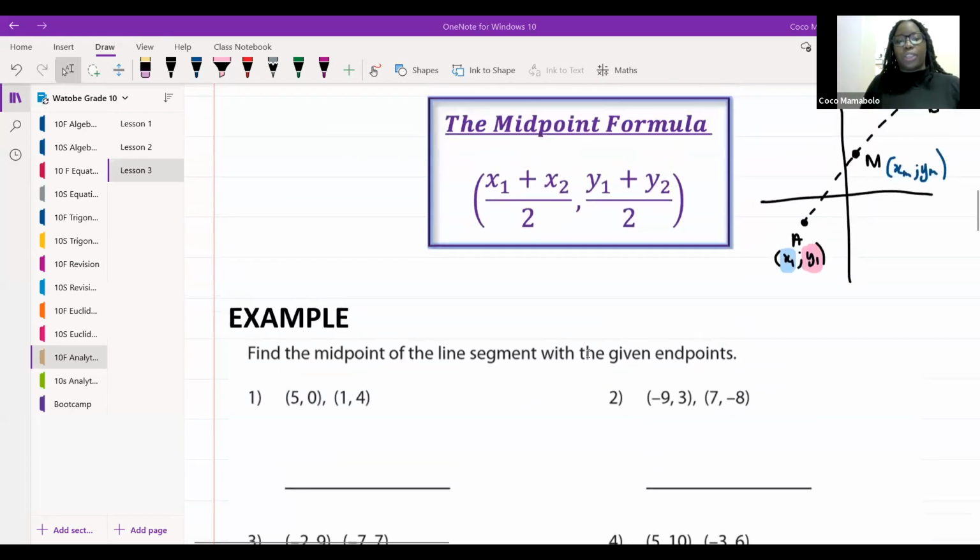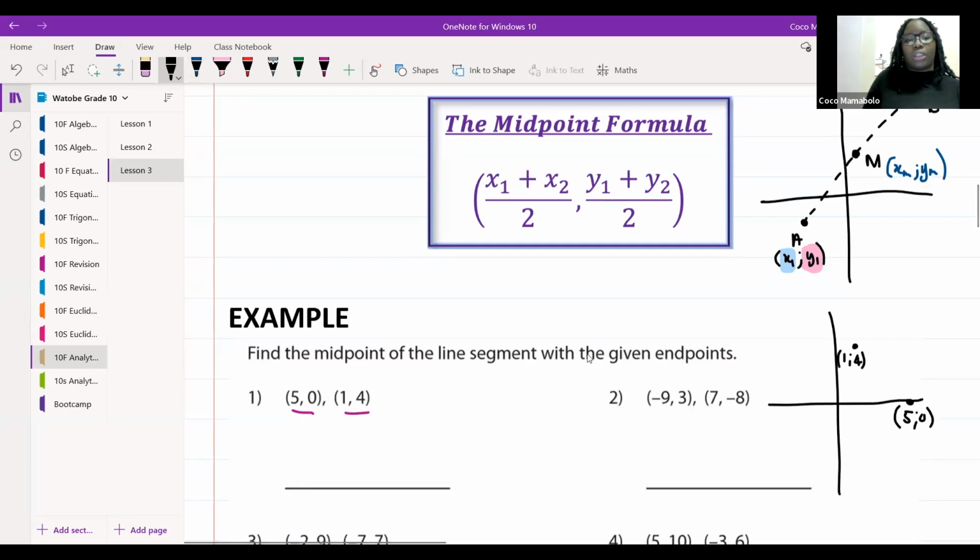So we've got the points 5, 0 and 1, 4. So if I look at that on a Cartesian plane, 5, 0 will be something like that. And then 1, 4 will be somewhere over here. So I can look at these 2 coordinates.